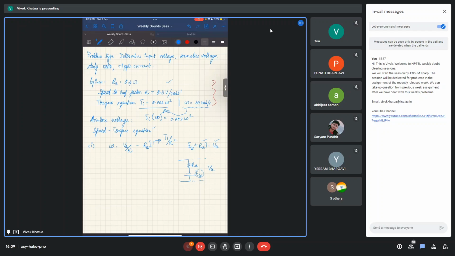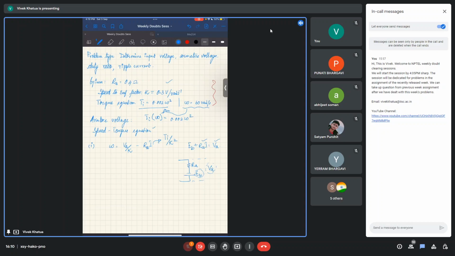In some questions this VA is referred to as input voltage, but we'll keep it VA because we'll also deal with questions where we have duty cycles, so the effective voltage is applied across this because of a switching gate.